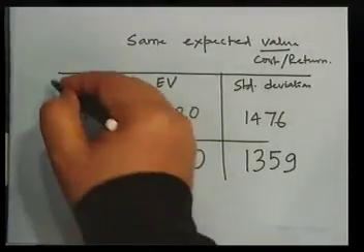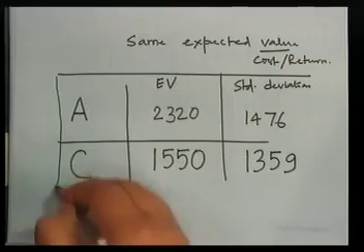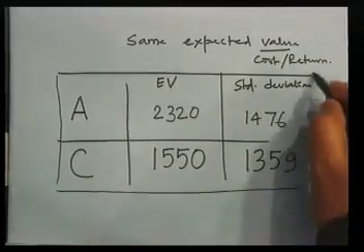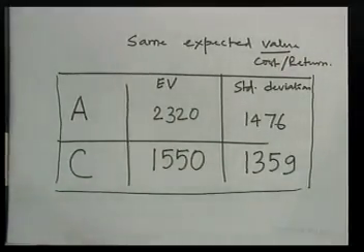Now, making a choice between A and C is difficult. Between A and B it was quite simple.